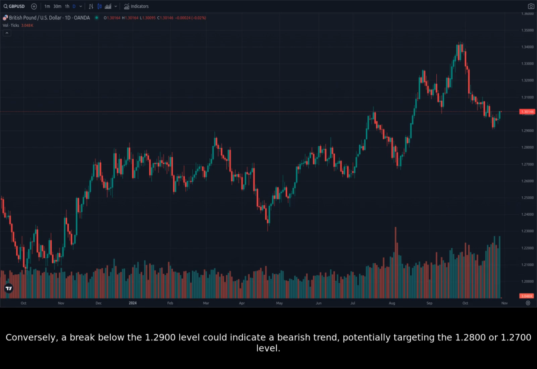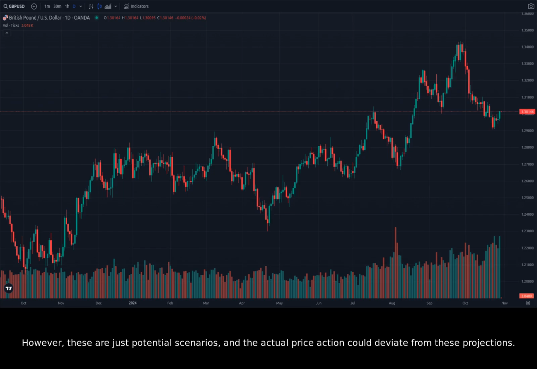Conversely, a break below the 1.2900 level could indicate a bearish trend, potentially targeting the 1.2800 or 1.2700 level. However, these are just potential scenarios, and the actual price action could deviate from these projections.